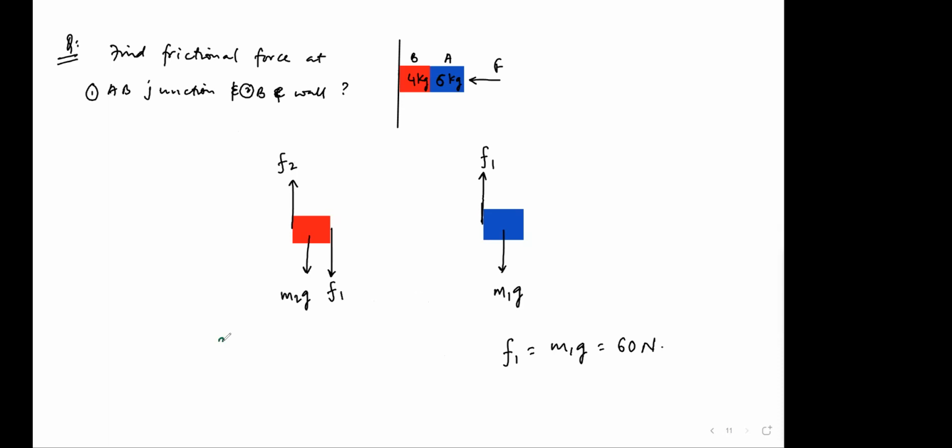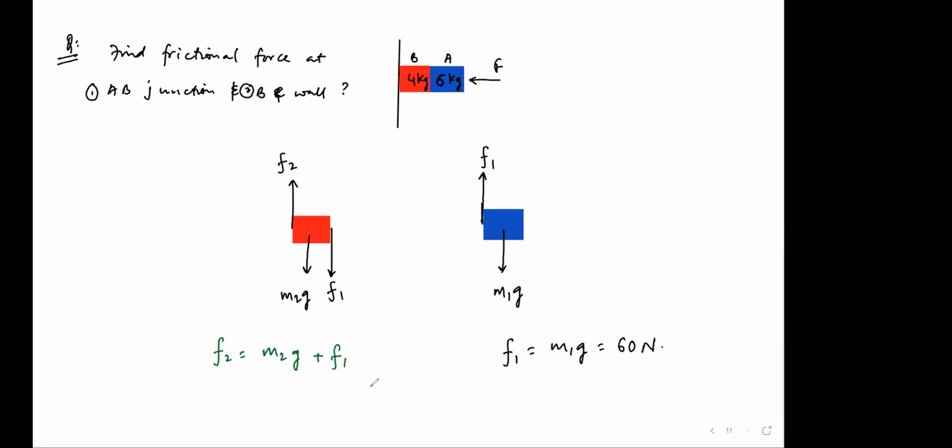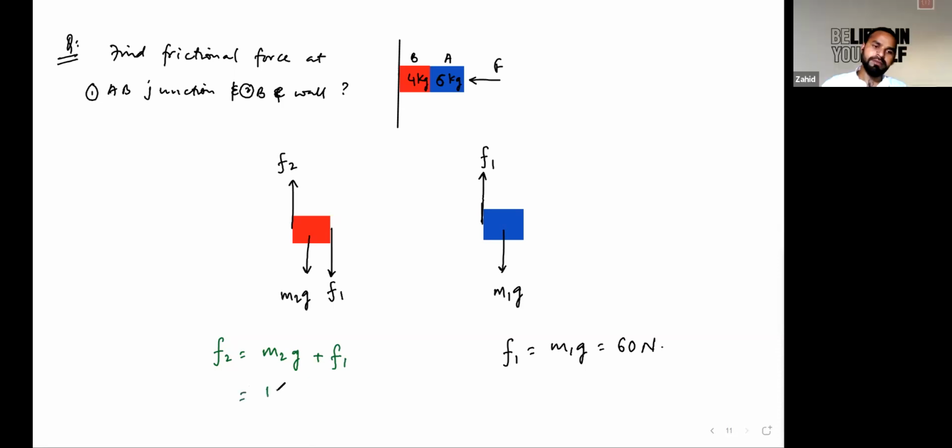Yes, sir. So F2 would be equal to M2 times G plus F1. Now put the value of F1 as 60, M2 is 4, gravity is 10, and you will get F2 equal to 100 Newton.